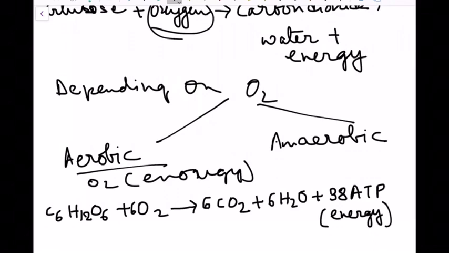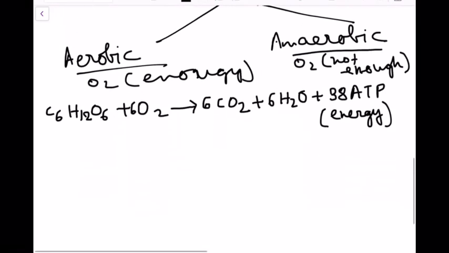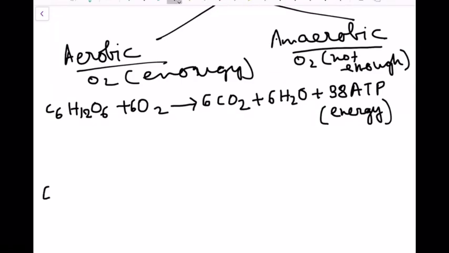However, in an anaerobic respiration, what happens? Oxygen is not enough. We have got less amount of oxygen. So in this case, what happens, students? Glucose, this is the formula of glucose, gets oxidized to form 2 molecules of ethyl alcohol.